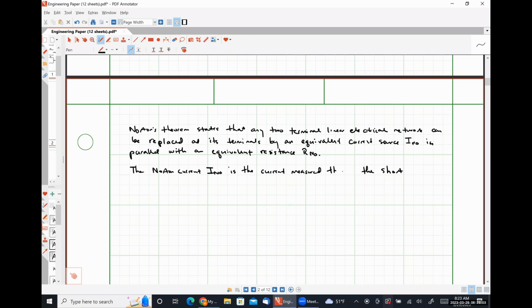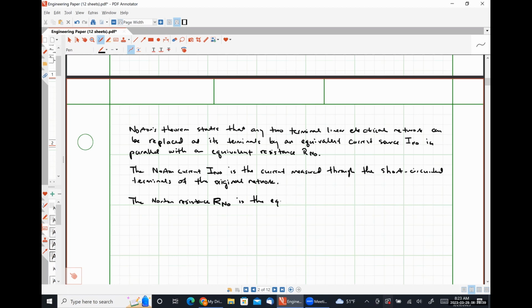The current measured through these short-circuited terminals of the original network, and the Norton resistance, R Norton, is the equivalent resistance seen between the terminals of the dead network.